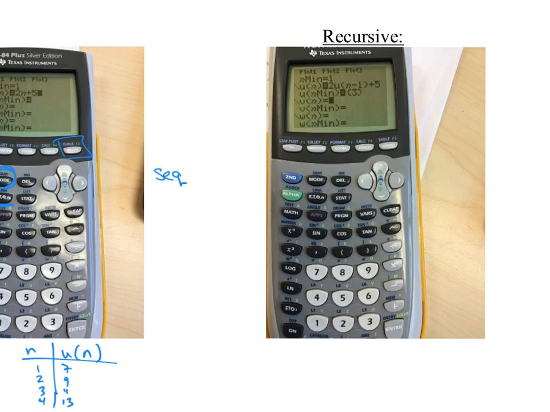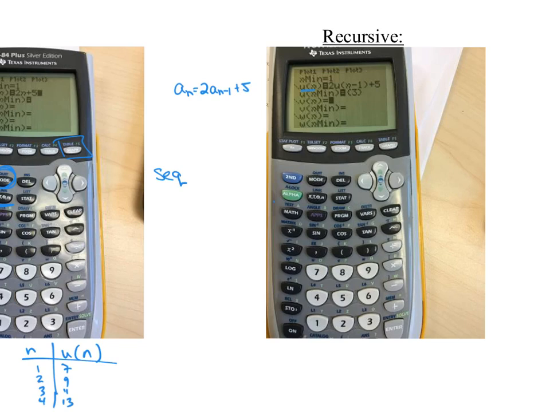So the recursive definition that we had on the first page was that a sub n was equal to 2a sub n minus 1 plus 5. The calculator turns the a of n or a of n minus 1 into a function. You can see the function notation right here. So we're just going to have to tell it in function notation.